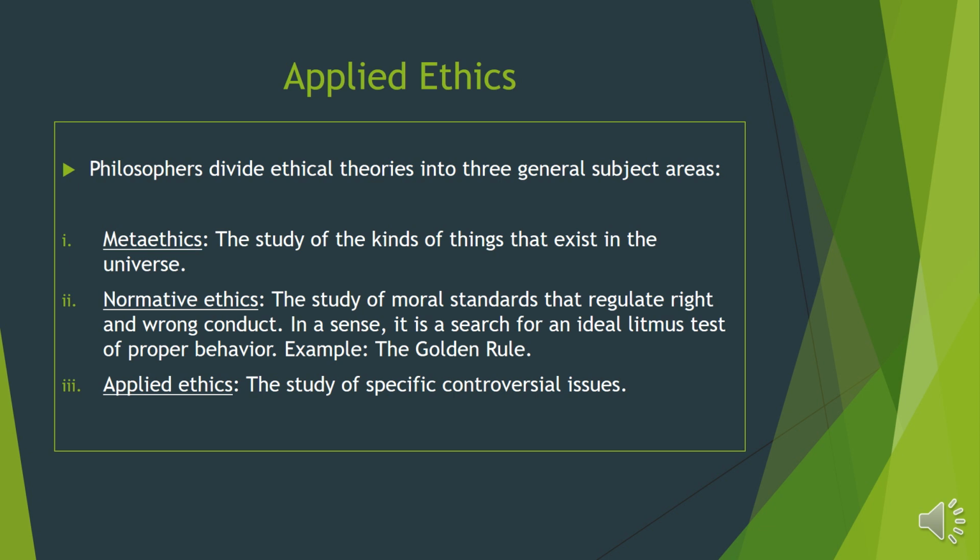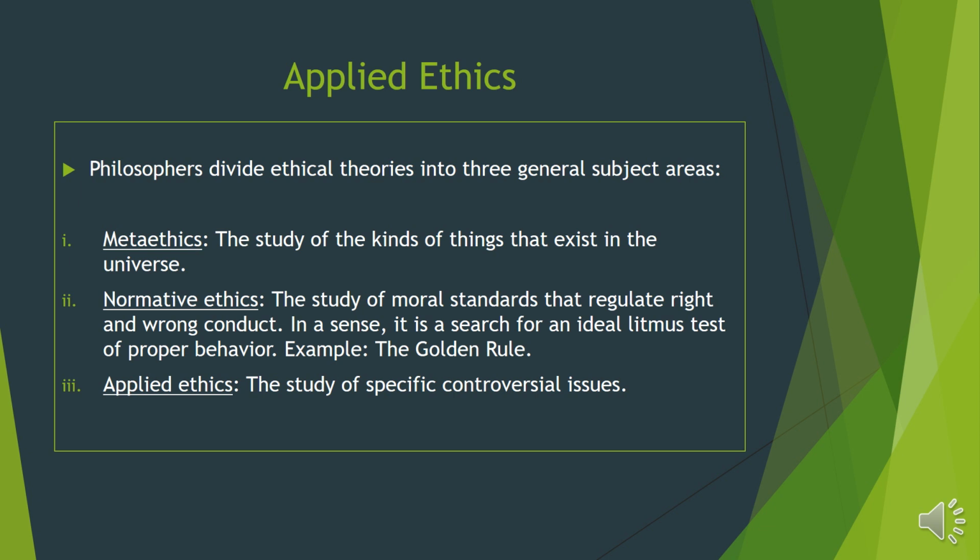Are they social inventions by humans? Do they involve more than our individual emotions? What are universal truths? Is there something called the will of God? What is the role of reason in ethical judgment? And what is the meaning of ethical terms? So these are very broad, big picture types of questions and ways to think about ethics.